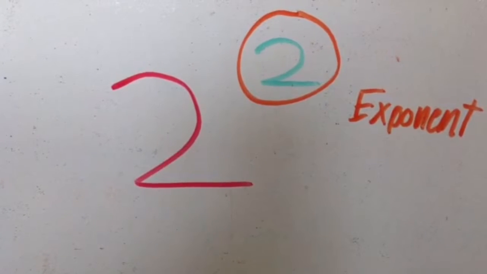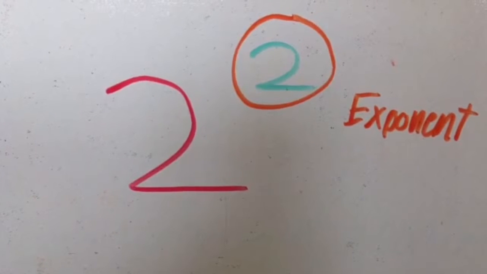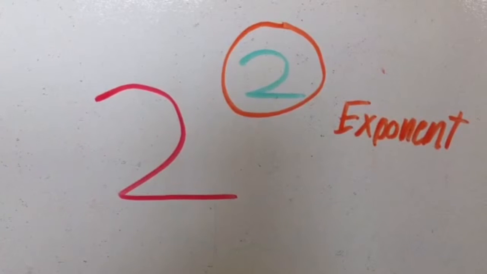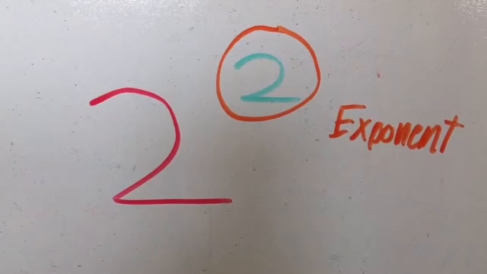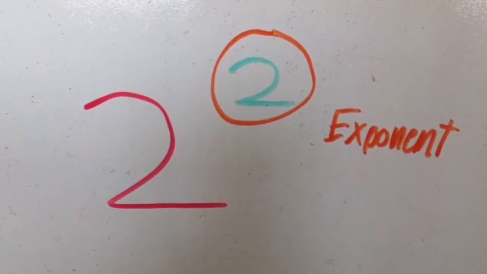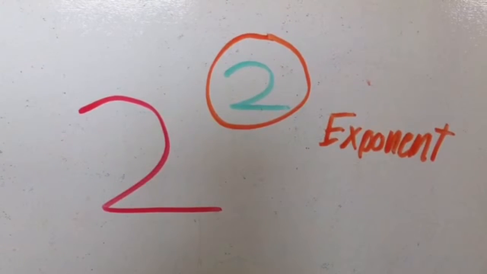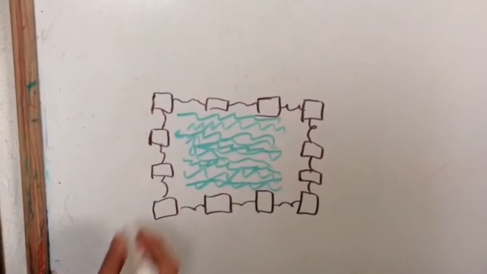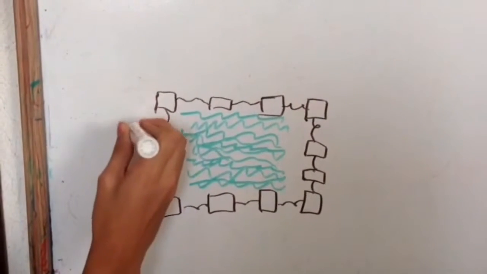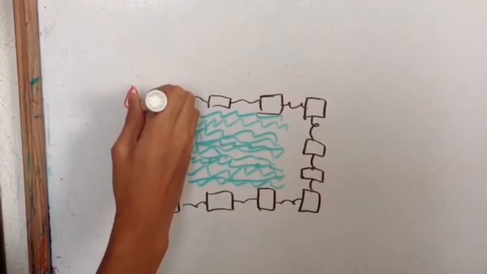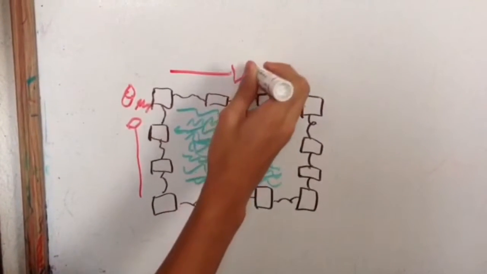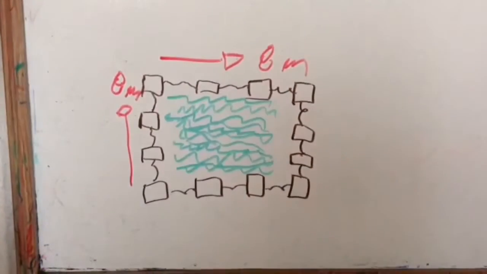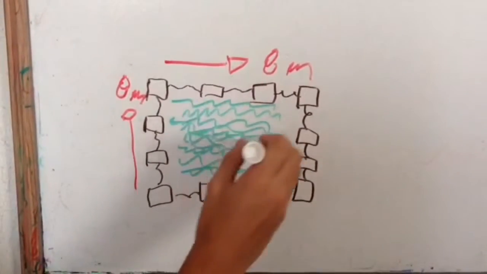Exponents, or exponential values, refer to the number of times a number or variable is used in a multiplication. As you can see, there's a 2 on top of the 2. This smaller 2 represents the exponential value. For example, let's say you have a garden that is 8 meters long and 8 meters wide, and you need to fill the inside of it with dirt.